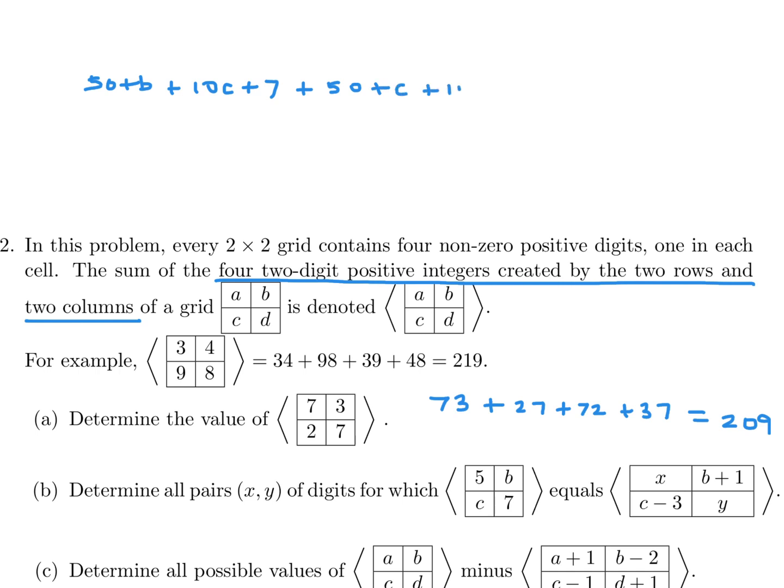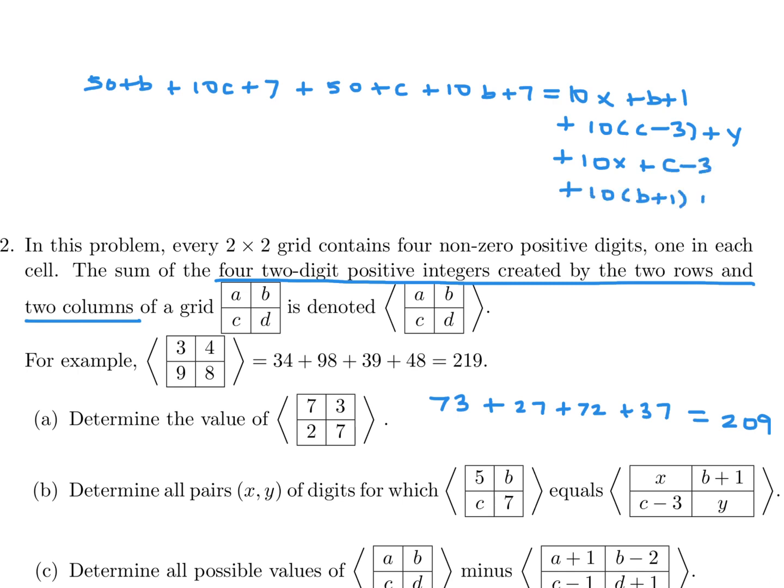And then it would be 10b plus 7. And on the other side, a little bit more complicated there, would be 10x plus b plus 1 plus 10c minus 3 plus y plus 10x plus c minus 3 plus 10b plus 1 plus y.